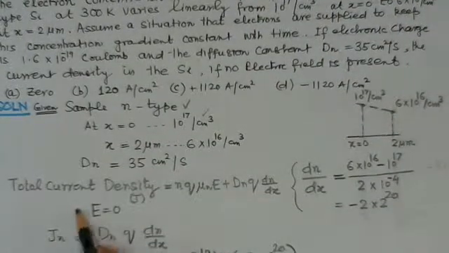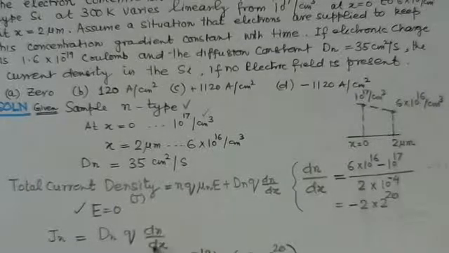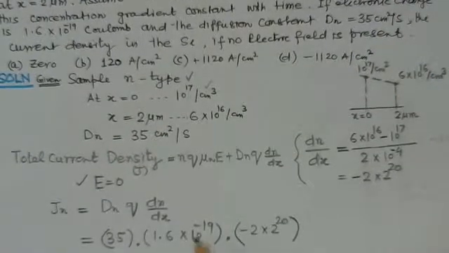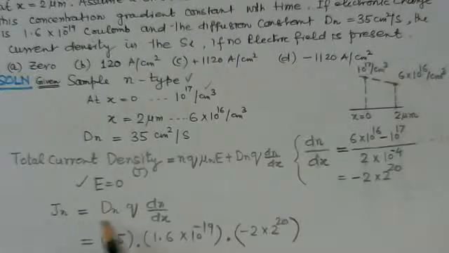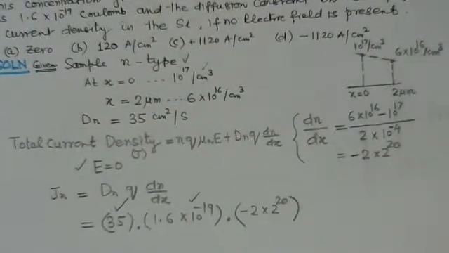And the electric field given is 0. So Jn, the current density, will not have drift, it will have only diffusion. So Jn would be q Dn dn over dx. The value of Dn is known to us, q is known to us, and dn by dx is also known to us.